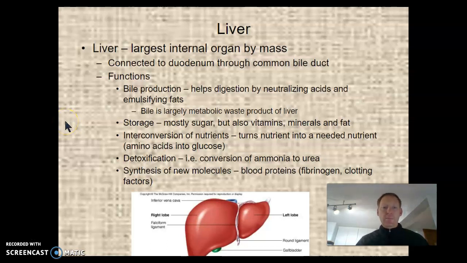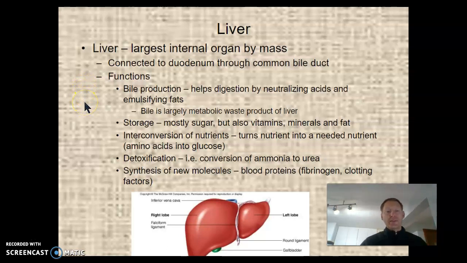Its main job is to break down toxic chemicals, but it has another part that is really important in digestion. You have a duct called the common bile duct that connects to the beginning of the small intestine, that duodenum.